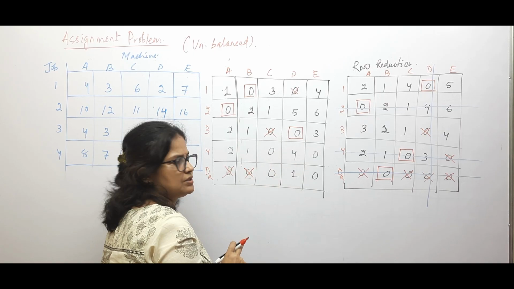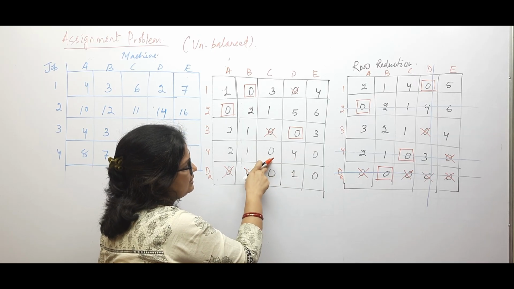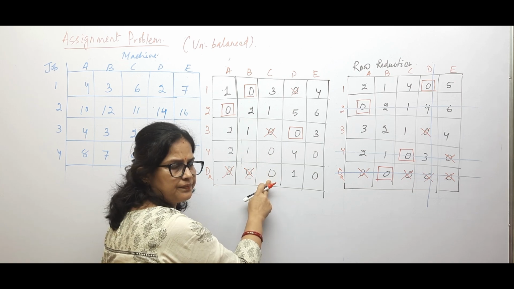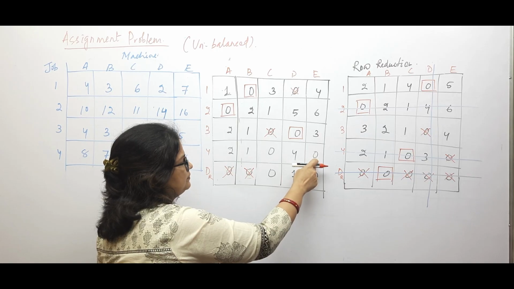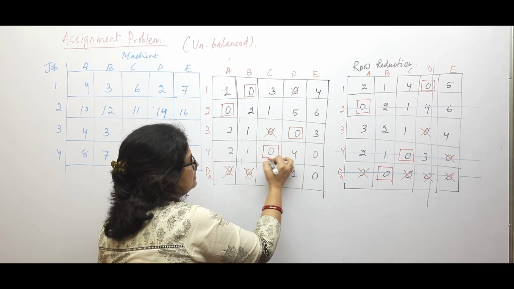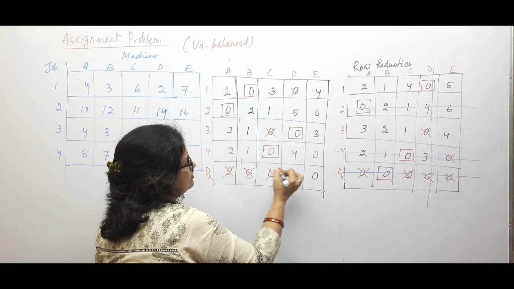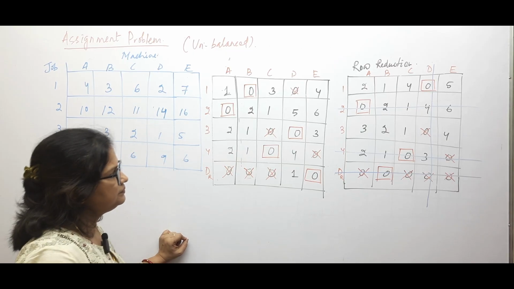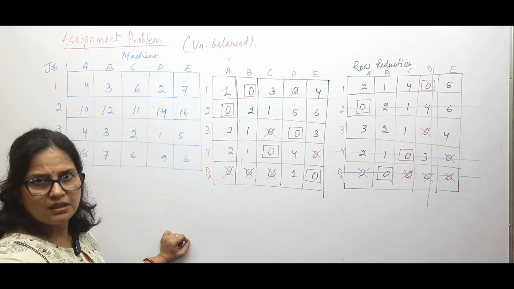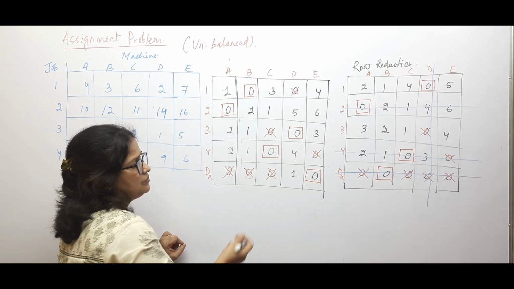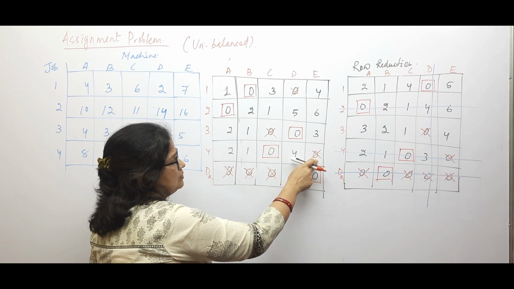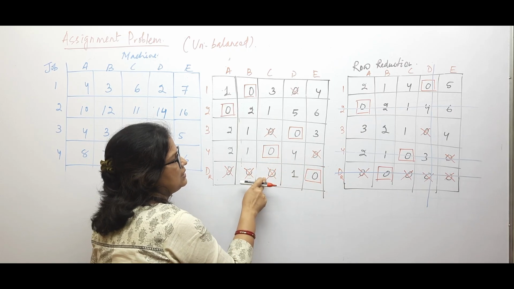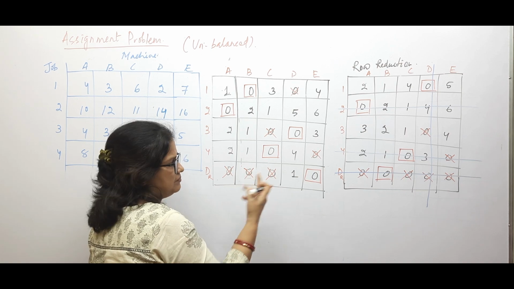For this case, I can assign this or this. If I assign this, I need to cross this one and this one. So let us assign this one. So I have crossed this one and also this one. So I can go for assigning this one. Otherwise, I can go for assigning this one also. Same case.